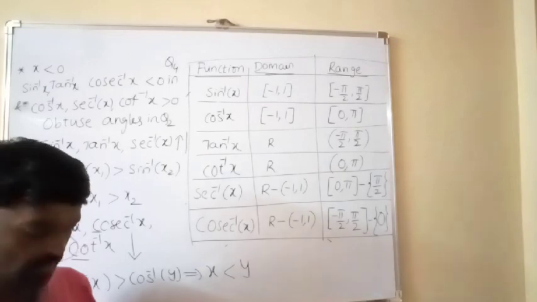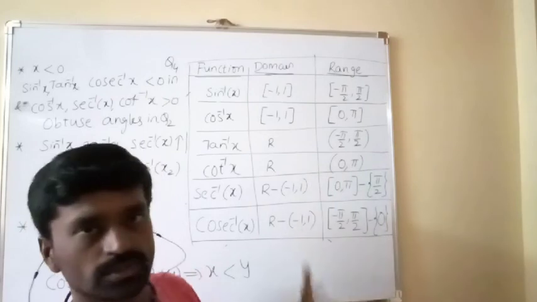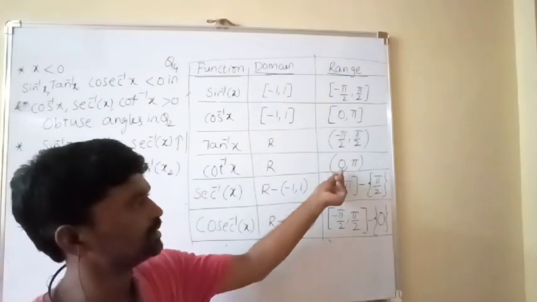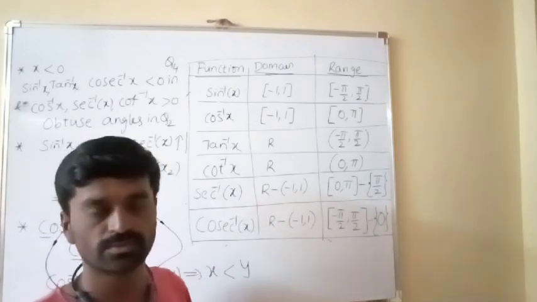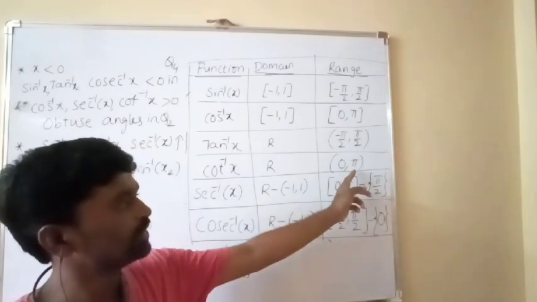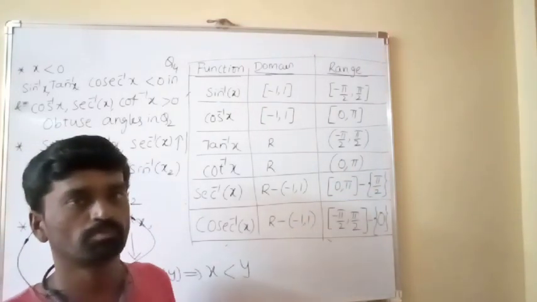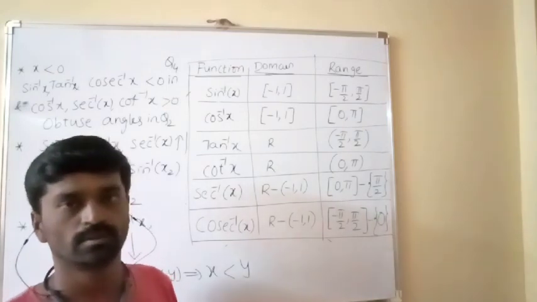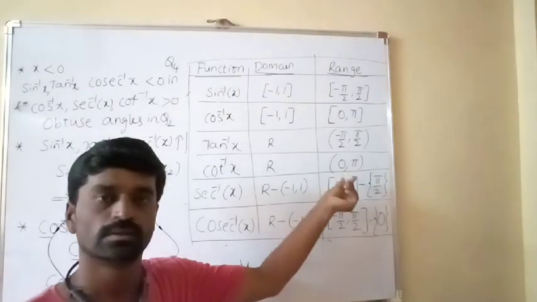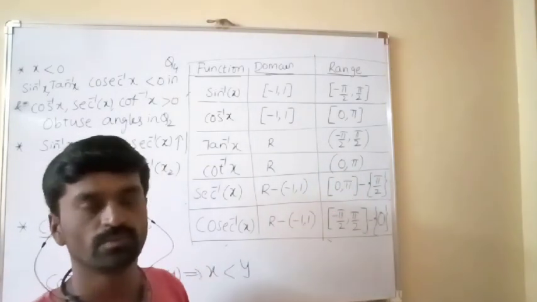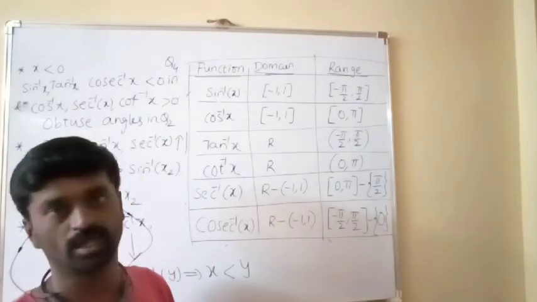But for cot inverse x, the minimum and maximum values do not exist, because the minimum value is a number just more than 0, and the maximum value is just a number before pi. We can't say that particular real number, so we conclude that minimum and maximum values do not exist. But by looking at the range, it is a bounded function; the values are finite, though the minimum and maximum do not exist.